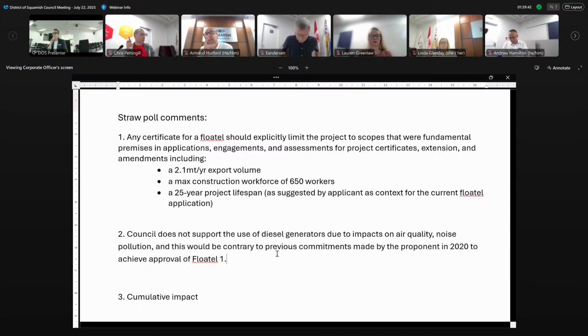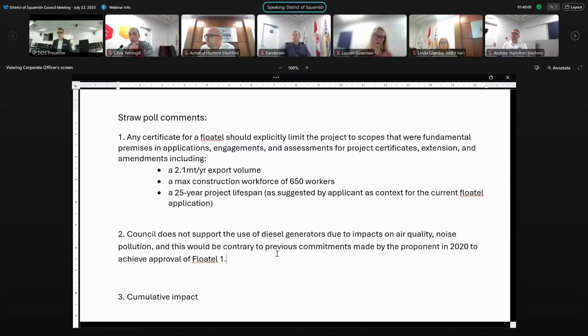I don't know that this 650 number, I don't feel comfortable about the accuracy of this number for this purpose. So I'm having a hard time with that. But the project lifespan, I think, is important to clarify as well. So that part I'm having a challenge with, and I'm looking for a path through that.